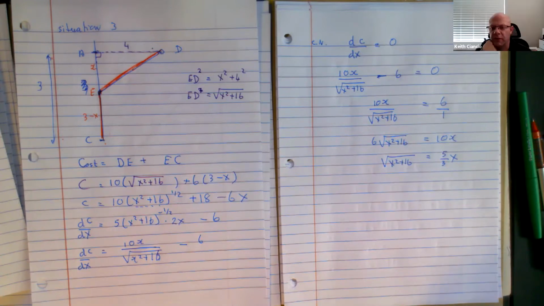So I think what you need to do here is divide both sides by x, which would be the square root of x squared plus 16 over x. But then if you square x in the denominator, it would be the square root of the quotient of x squared plus 16 over x squared. Interesting.